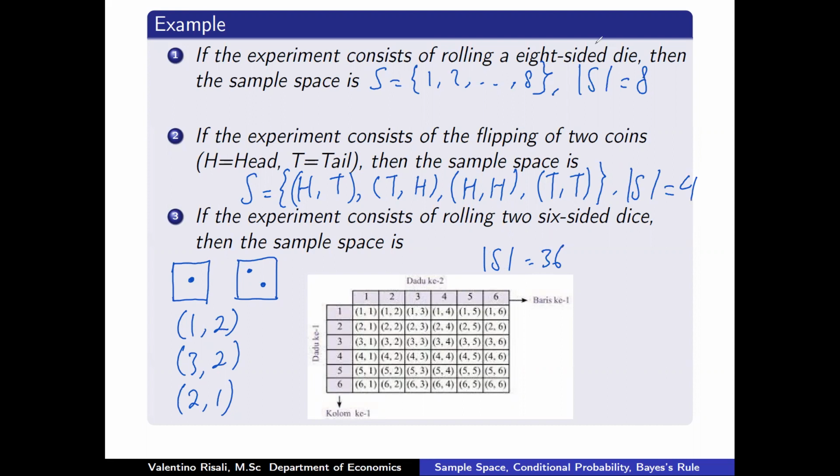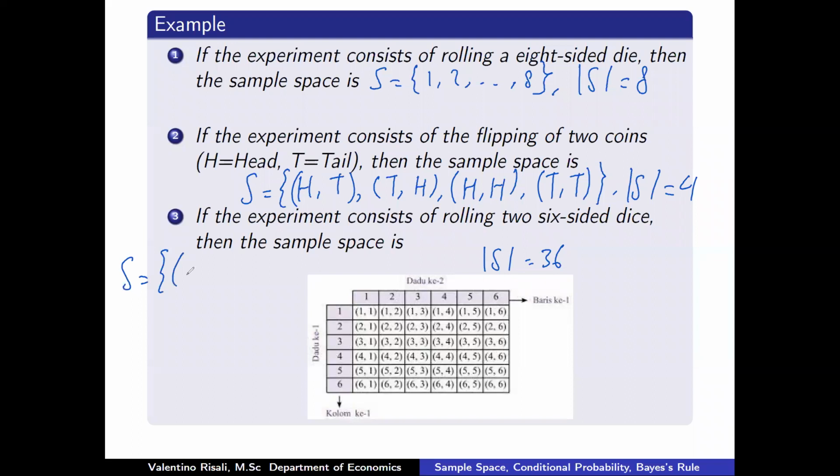And to simplify our notation, we can also write the sample space as the set of all pairs A, B, where A and B are from 1, 2, until 6. We can simplify this table with this set notation. Okay. Until now, is there any question from you?